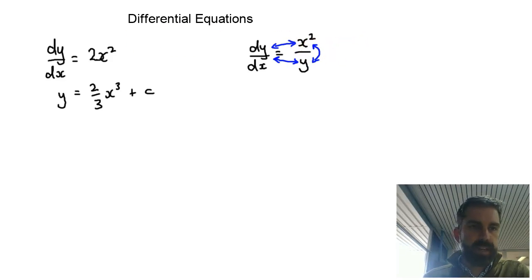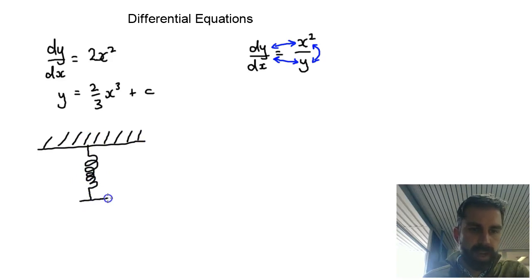But over the next couple of weeks, we are going to be learning some techniques for doing this, which are really important. And one of the reasons it's important is because differential equations crop up in all sorts of real-world scenarios. Like, for example, I'll give you a bit of a physics example, since I'm sure you're all physics nuts. We've got a spring with some sort of mass on the end, which I'm going to call m.